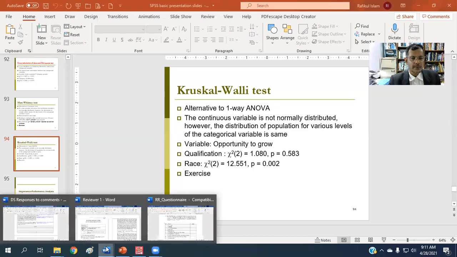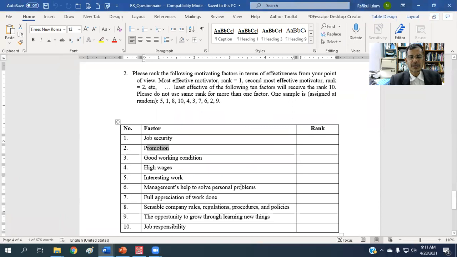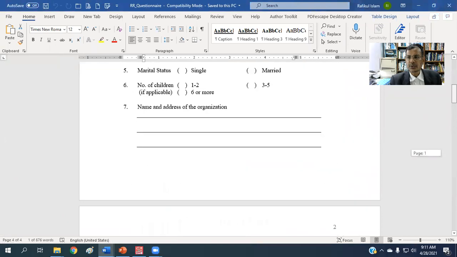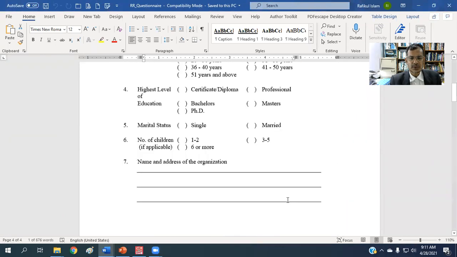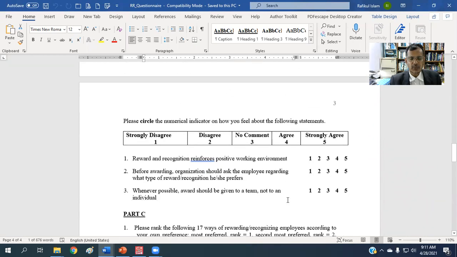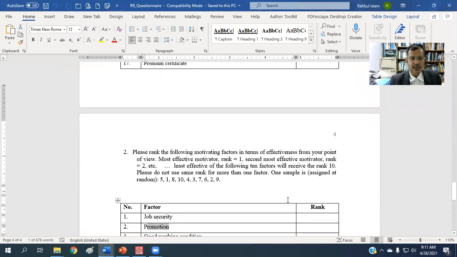Now, before I proceed to give the demo, I would like to explain the variable which I will be using. This is a questionnaire which we used to collect data from employees working in organizations.